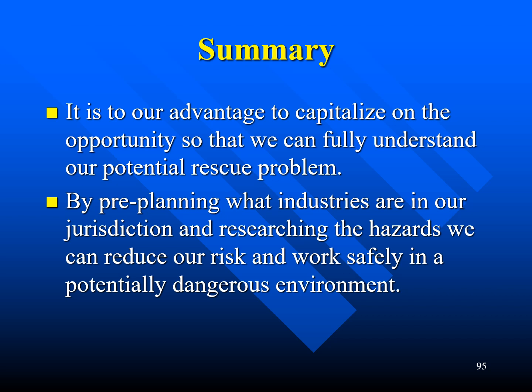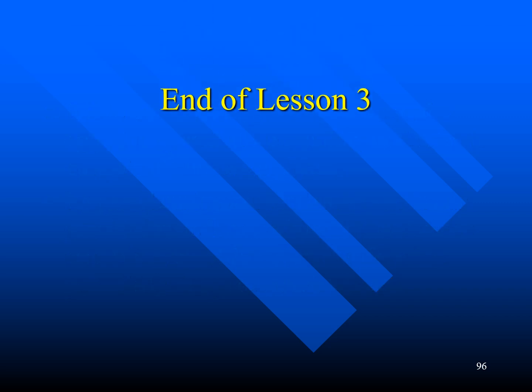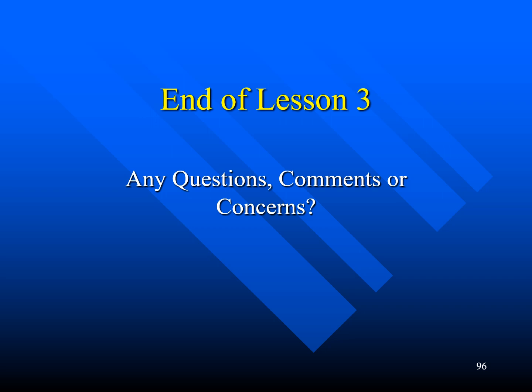By pre-planning what industries are in our jurisdiction and researching the hazards, we can reduce our risk and work safely in a potentially dangerous environment. This concludes Lesson 3. If you have any questions, comments, or concerns, please write them down, bring them to class, or give me a call, and I'll be more than happy to answer your questions.